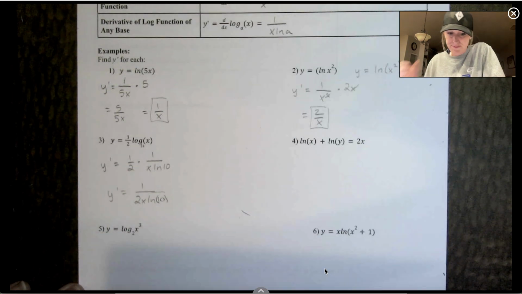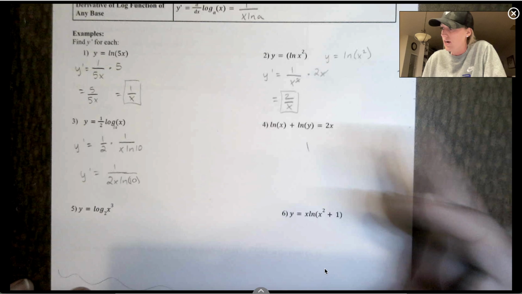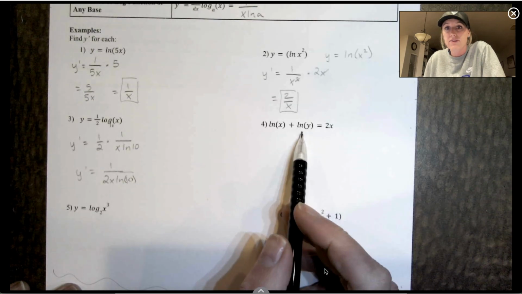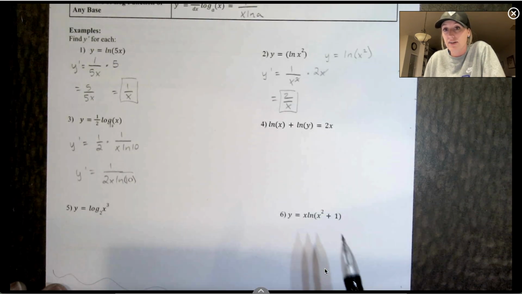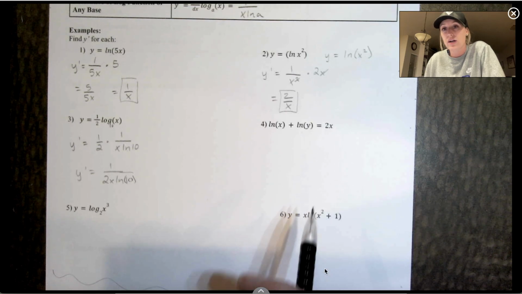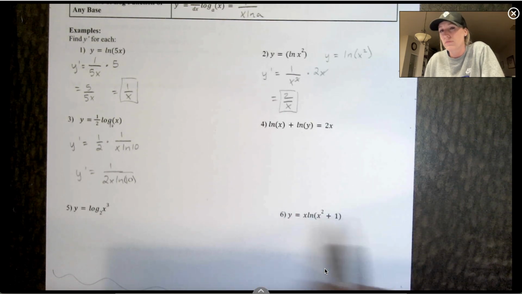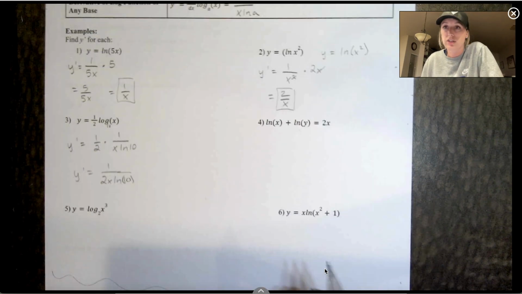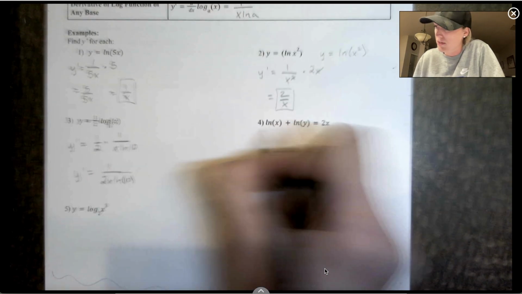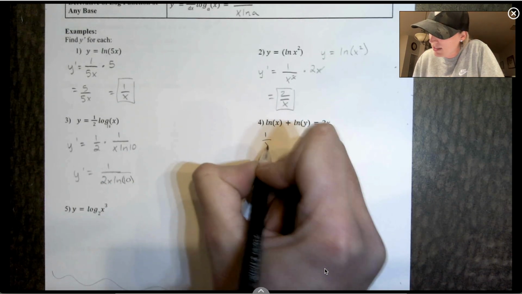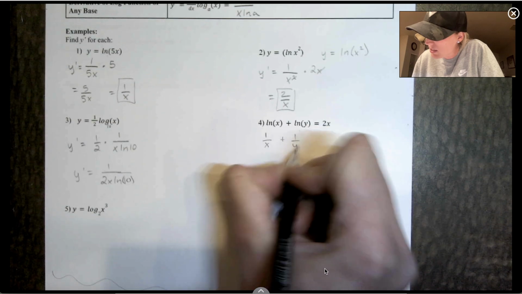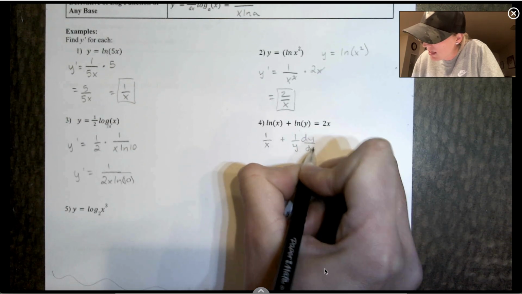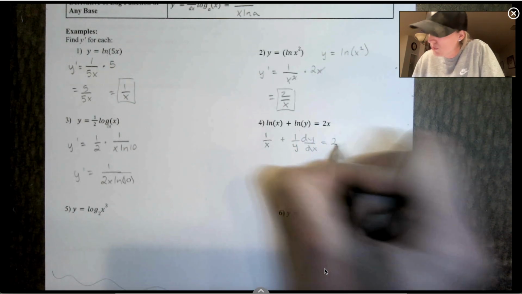All right. This time I have an implicitly defined function. This one's going to be a little more difficult to define explicitly, so I'm just going to use implicit differentiation. I'm going to start differentiating. I get 1 over x plus 1 over y dy dx equals 2.